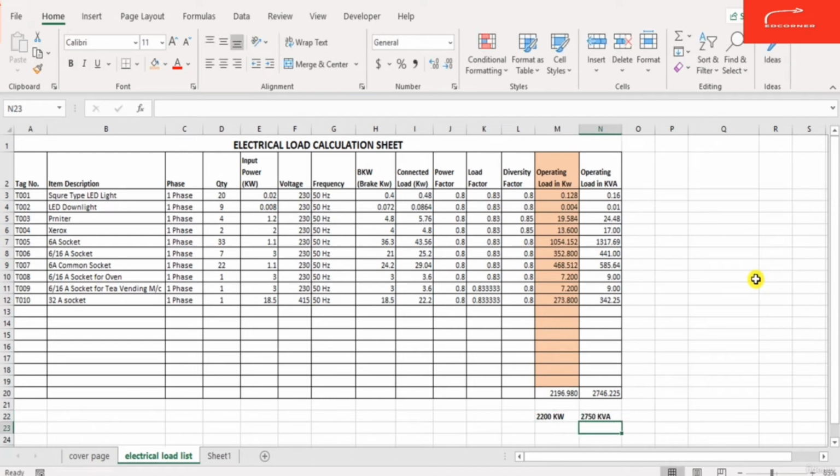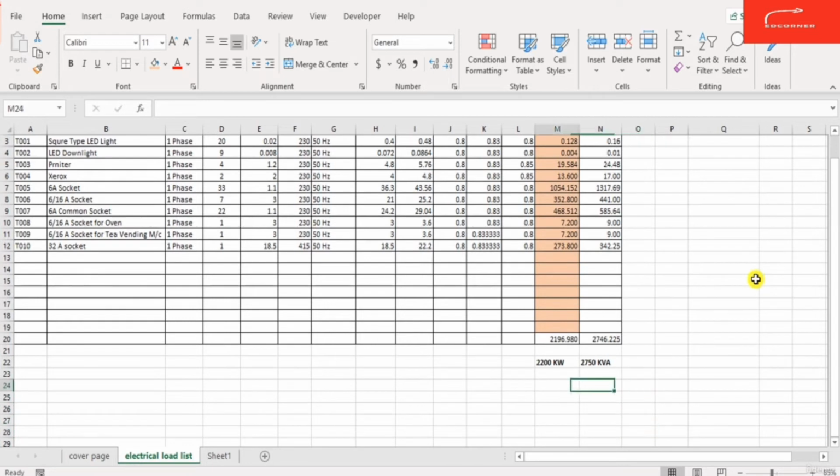This value is actually our power calculation, or the power demand required for that office, that is 2200 kilowatts, and the 2750 kilovolt ampere is the total capacity of your transformer. So for the office we require a 2750 kilovolt ampere transformer. This is the transformer capacity, whereas this is the total power required.